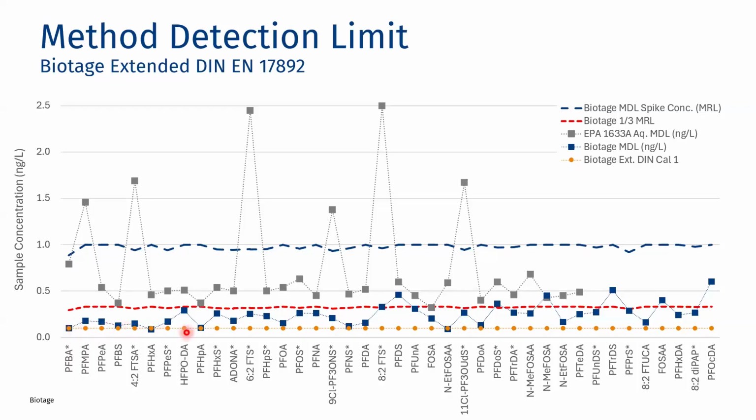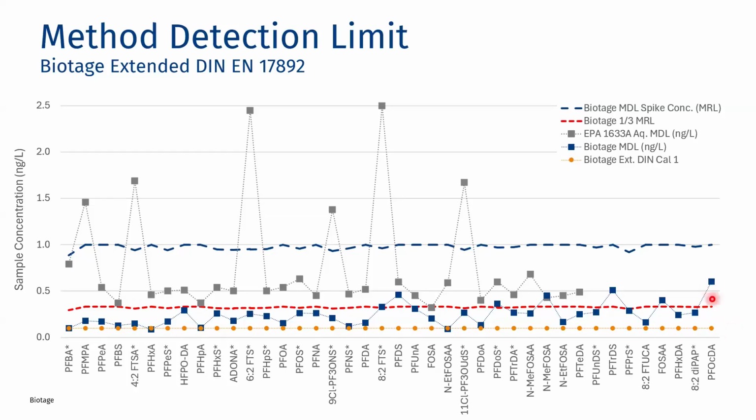So you can see, or excuse me, our lowest calibration level is 0.1 nanograms per liter. So we're able to detect it on our analytical system. And that way we can make sure that we are going to have the lowest method detection limit possible.